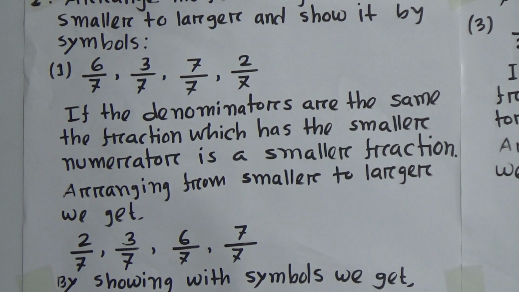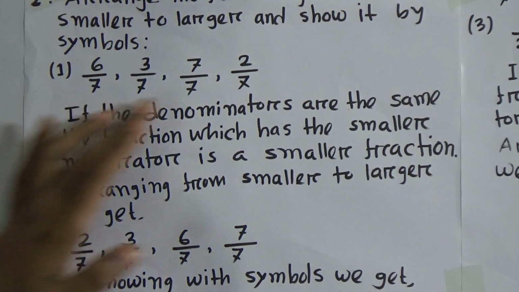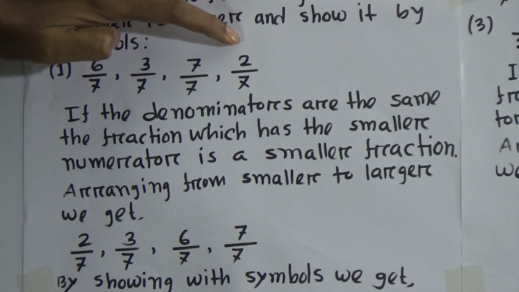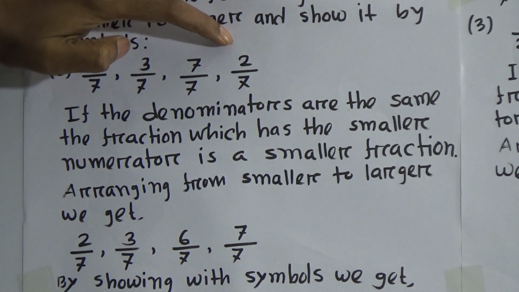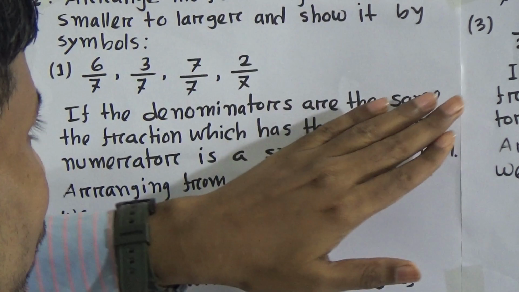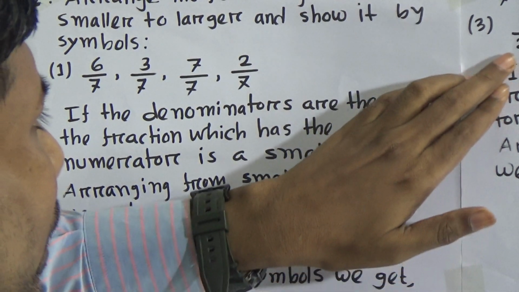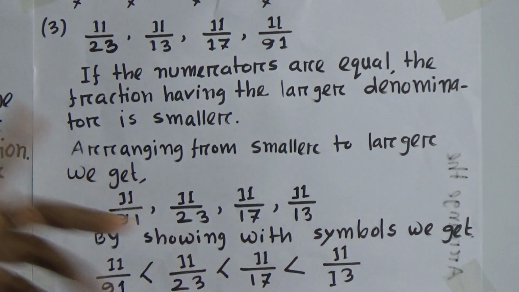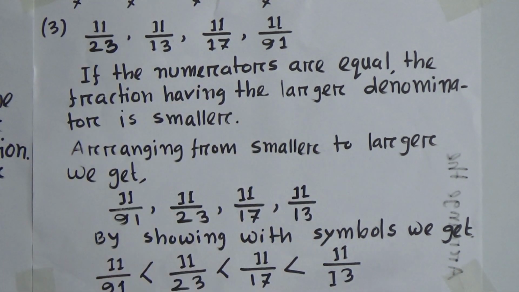Okay, I repeat, if the denominators are the same, whose numerator is smaller is the smaller number. Then the second step I have taught you: if the numerators are the same but the denominators are all different, I told you whose denominator is greater is the smaller number.